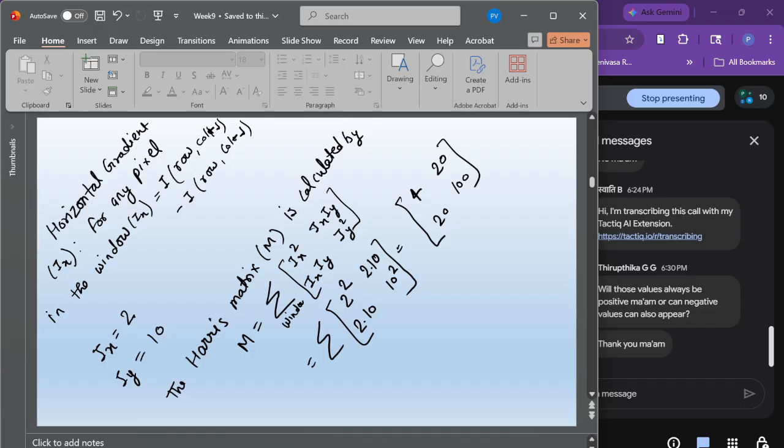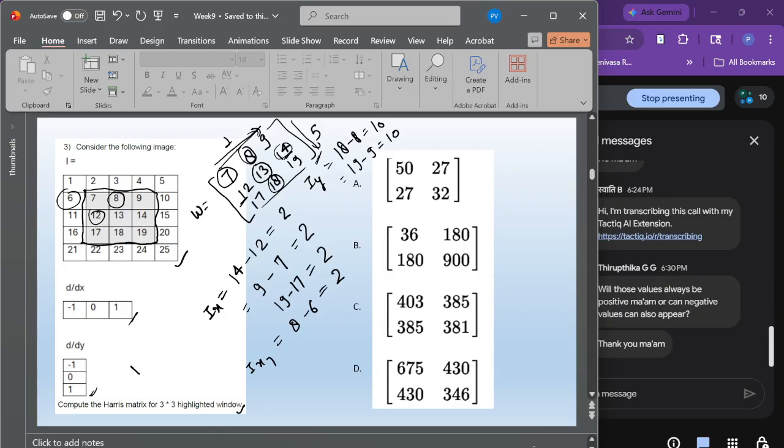Now we have to calculate this summation part. Since the gradient is constant across the entire 3 cross 3 highlighted window, in this 3 cross 3 there are a total of 9 pixels. The gradient Ix and Iy is constant across the whole window, right? The horizontal gradient as well as the vertical gradient is constant for all the values.